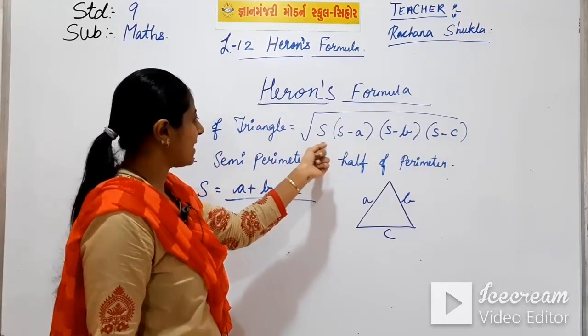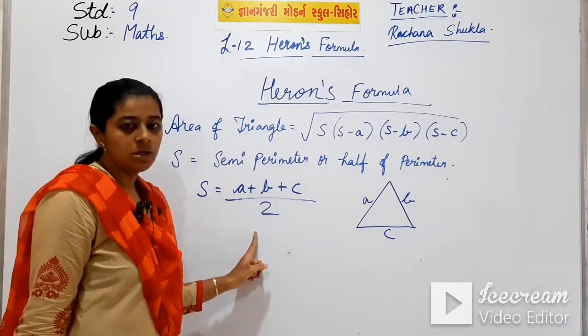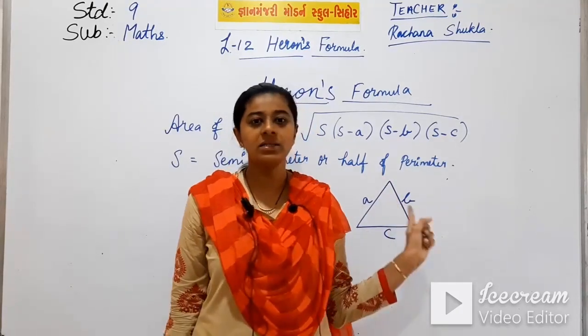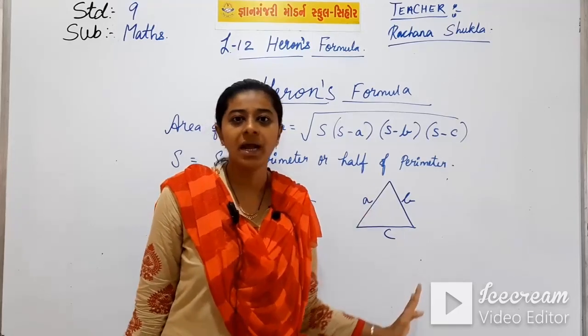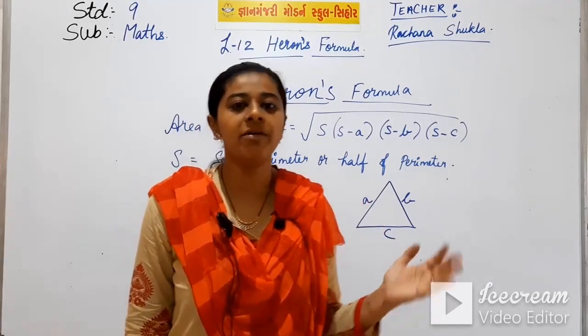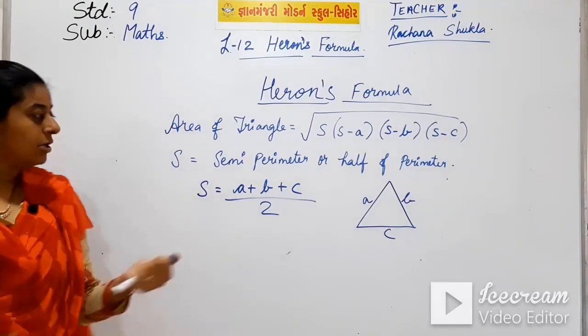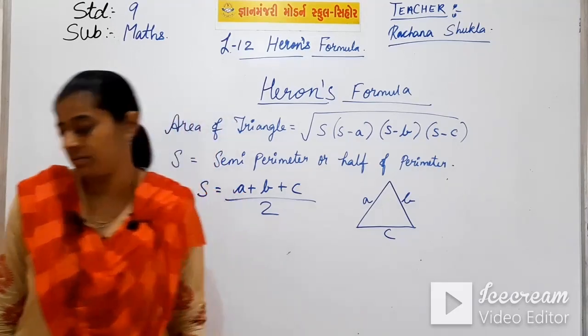For finding out S, the formula is A plus B plus C upon 2. And A, B and C are the 3 measurements of the 3 sides of the triangle. Now let's have a look at the sum. Note down this formula in your fair book.